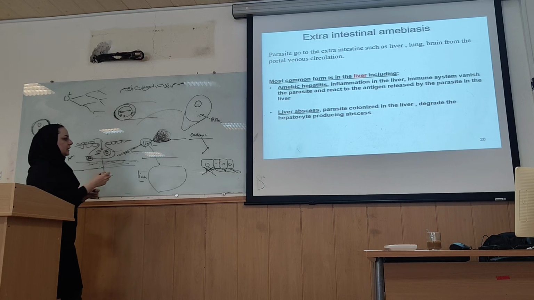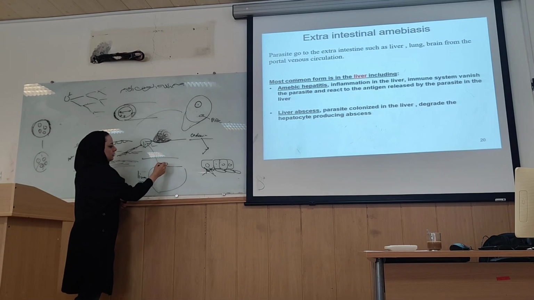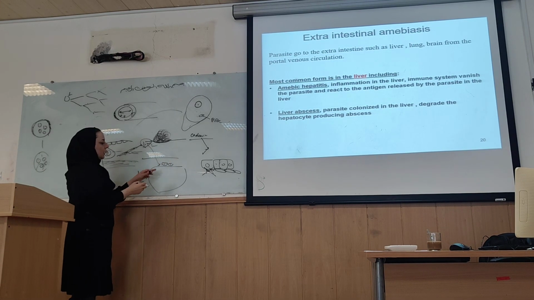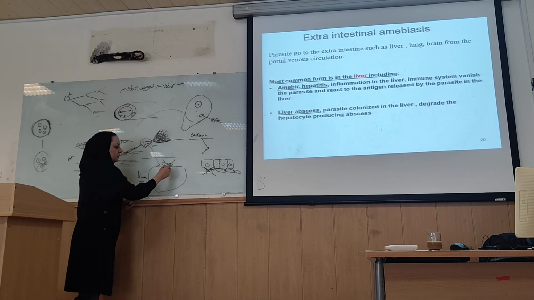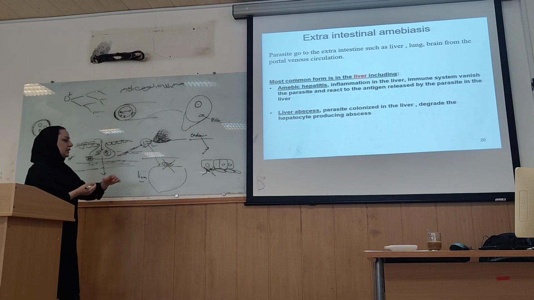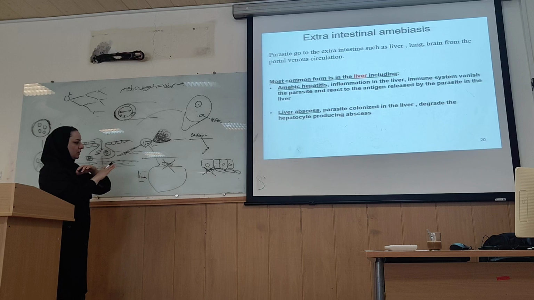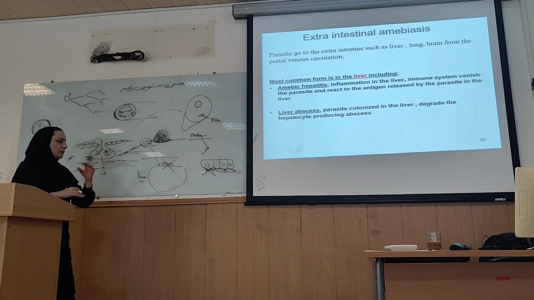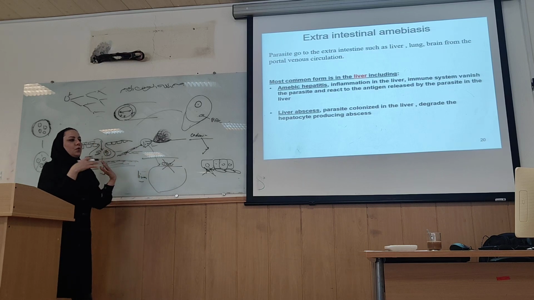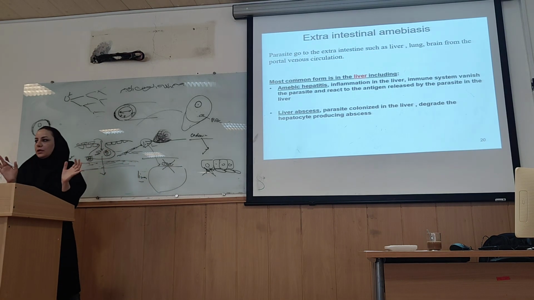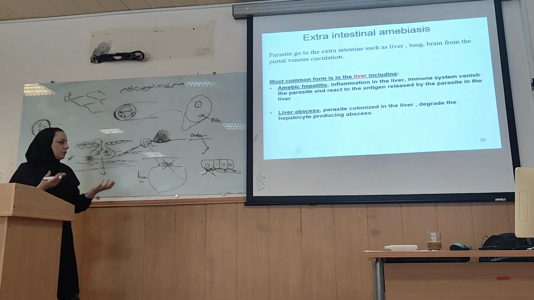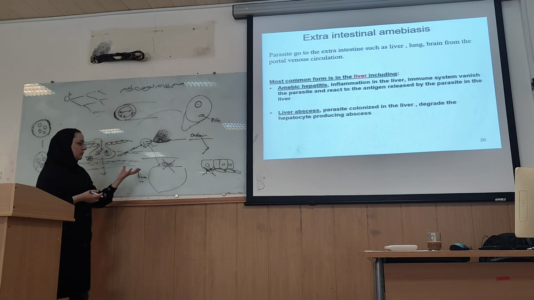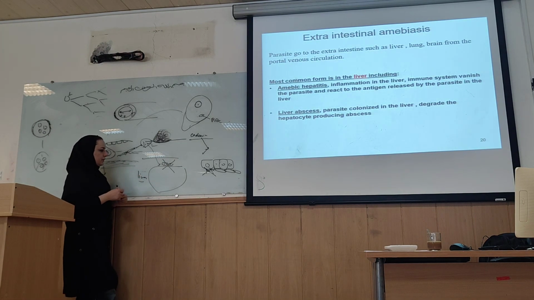The immune system can phagocytose it, can invade it, and can vanish the amoeba, because our organs, like the liver, are sterile, and we have many immune cells in all organs, like the liver.